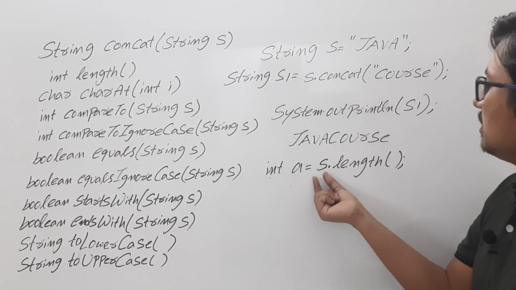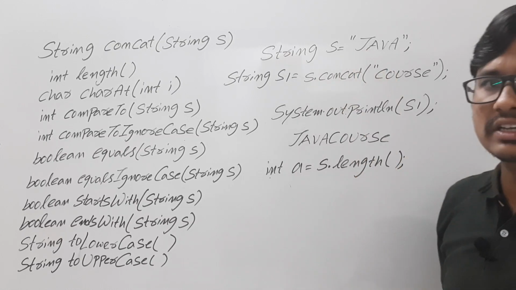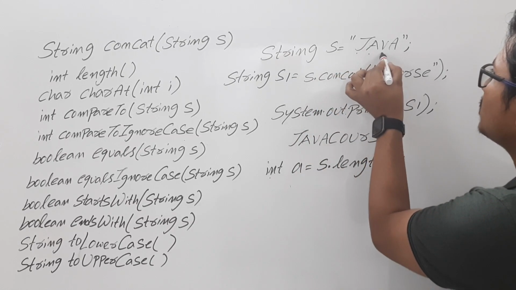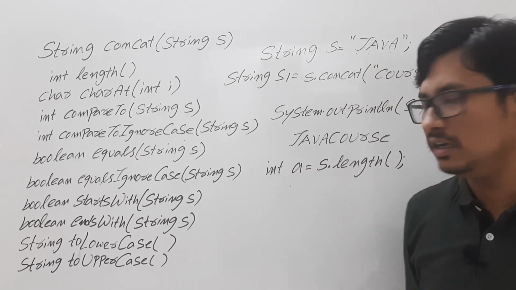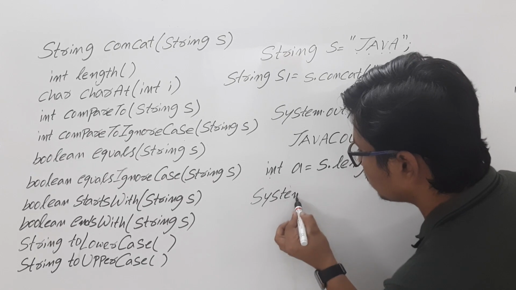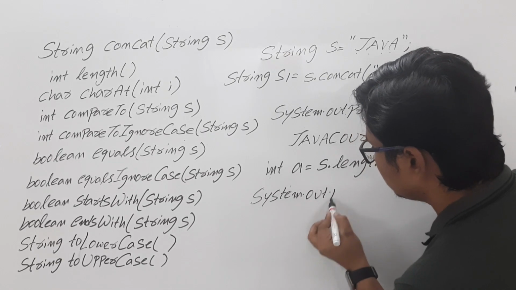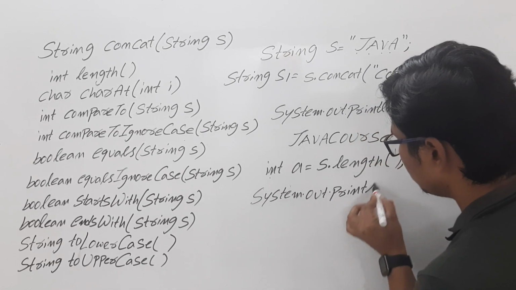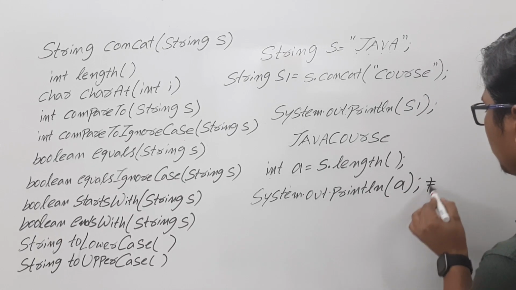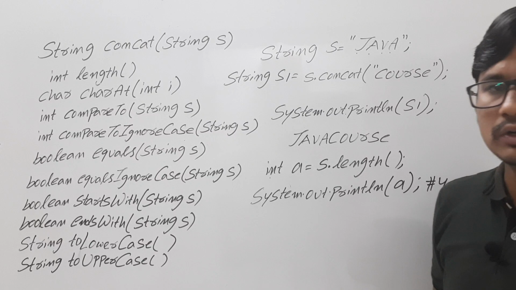Now in string s, what is the string there? Java. How many characters are there? 1, 2, 3, 4 characters are there. So if you write System.out.println(a), then it will give you the output as 4 for you. I hope you are able to understand.